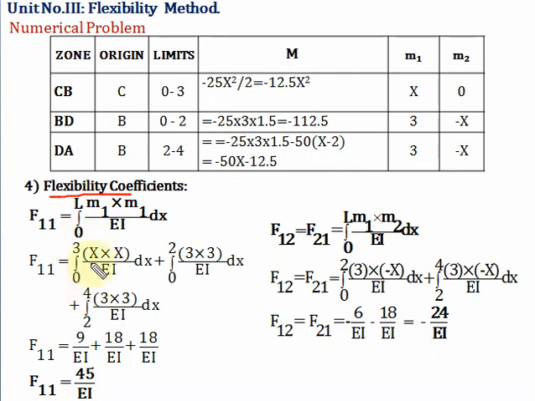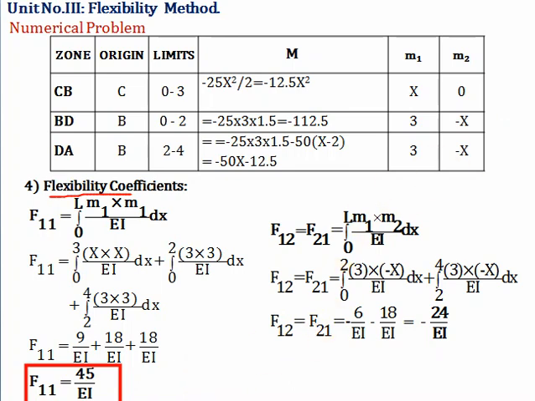So integration 0 to 3 of x into x upon EI into dx, plus for the next zone BD, the limit of integration is 0 to 2 and the value of M1 is 3, so 3 multiplied by 3 upon EI, plus for zone DA, the limits are 2 to 4 and the value of M1 is 3, so 3 into 3 upon EI into dx. After solving this integration we get F11 equal to 45 upon EI.